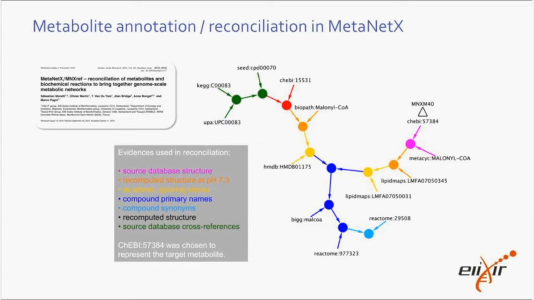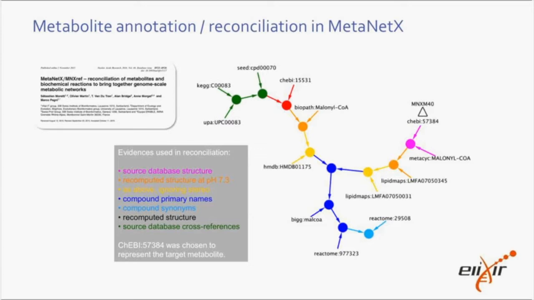So if we look at the top right of this figure, we can see a ChEBI metabolite is being reconciled or merged with a metabolite from MetaCyc. That's the pink circle, and these are merged because the source databases provide exactly the same structure for these two chemicals. And structural reconciliation is achieved using InChI keys.